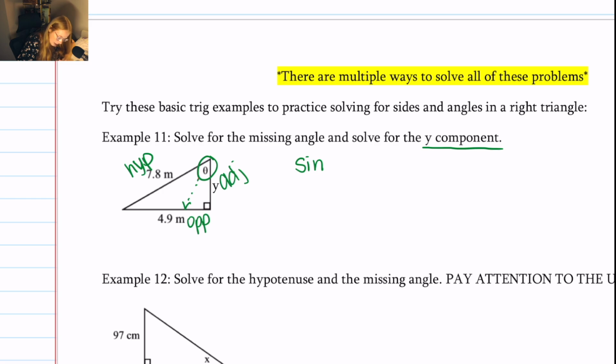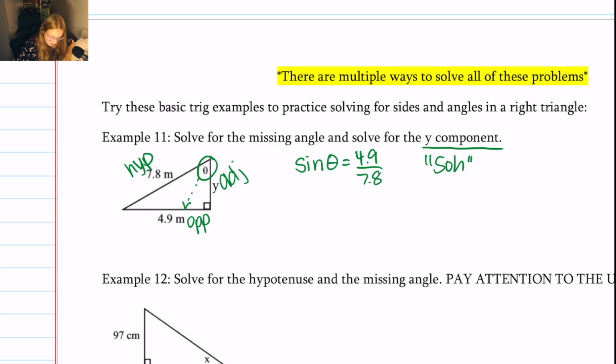I have opposite, I have hypotenuse. I'm actually missing the angle. So where the angle's going, I'm going to keep it theta. So opposite first. So we're going to do 4.9 divided by the hypotenuse. Remember, the saying SOHCAHTOA will help you know the order, which one goes on top and bottom.